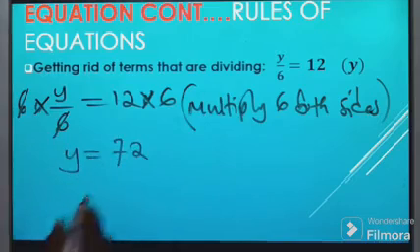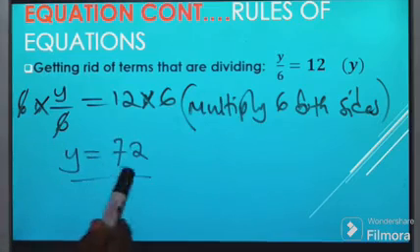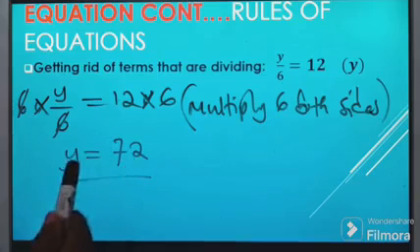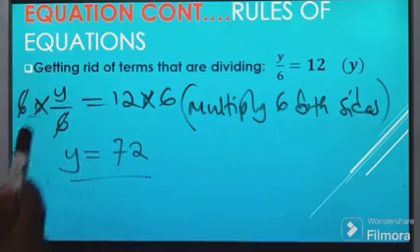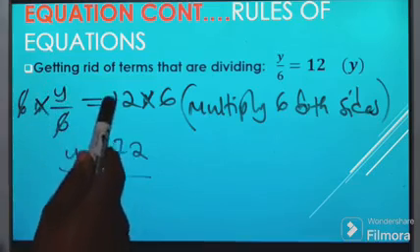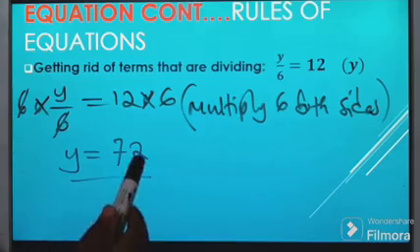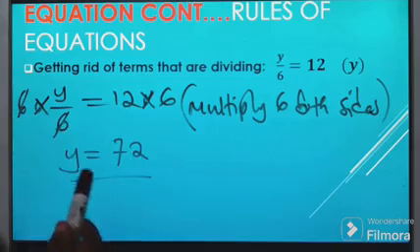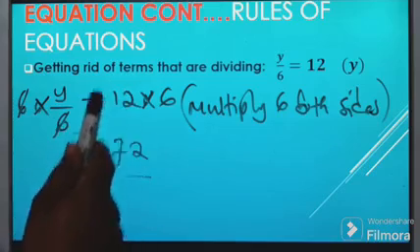So y is 72. So we can check. If you take y and put it there, 72, 6 into 7, 1, remainder is 1, and it becomes 12, 6 into 12, 2.